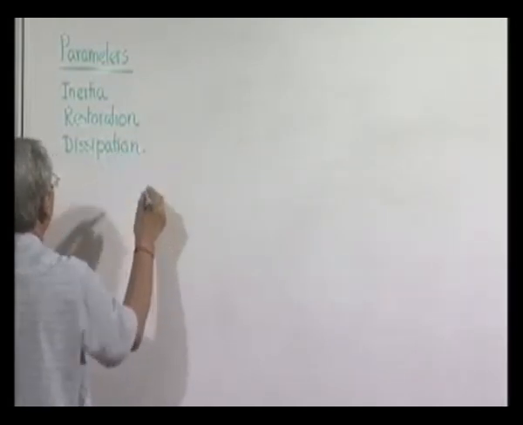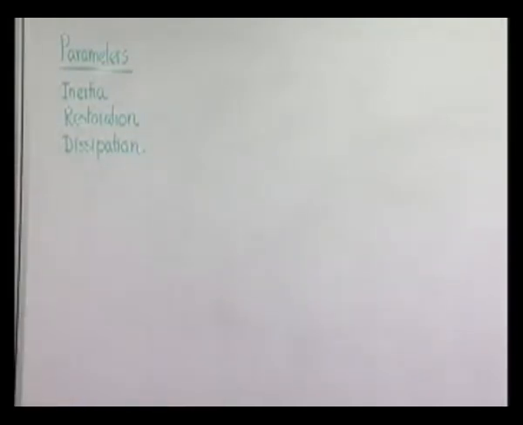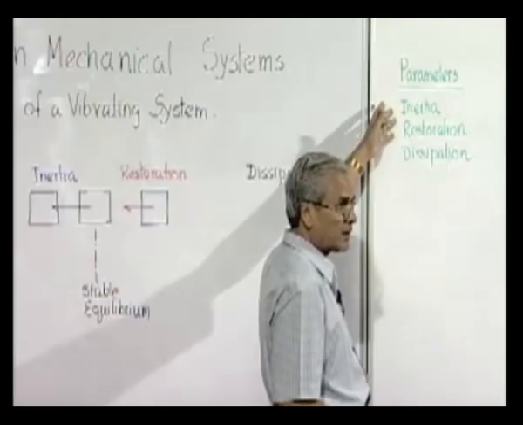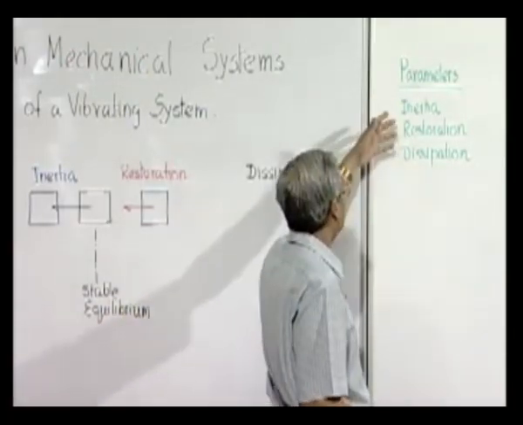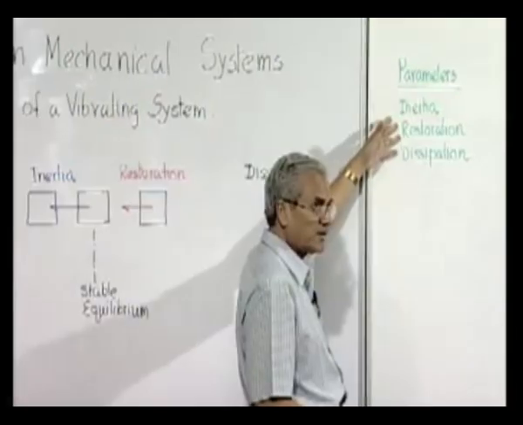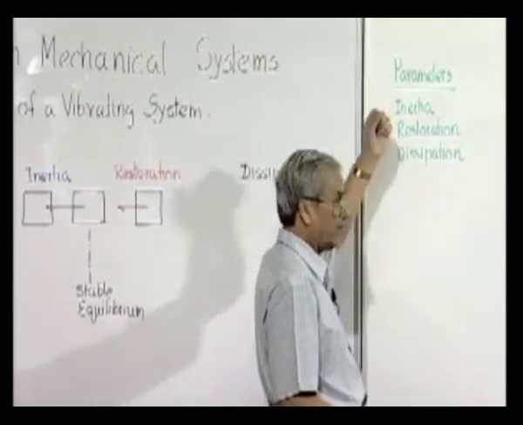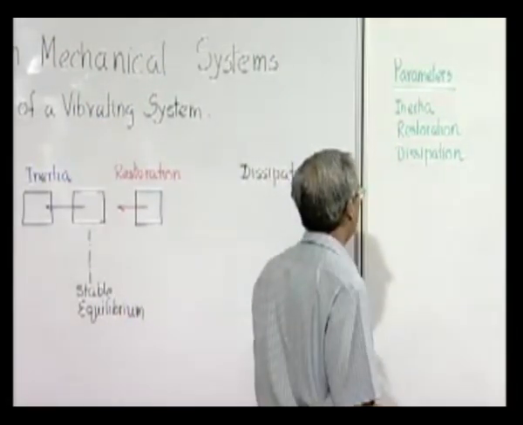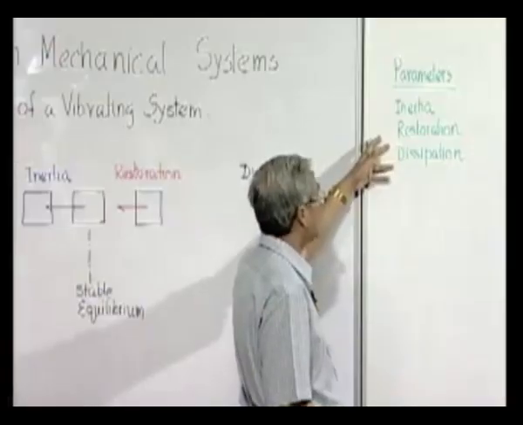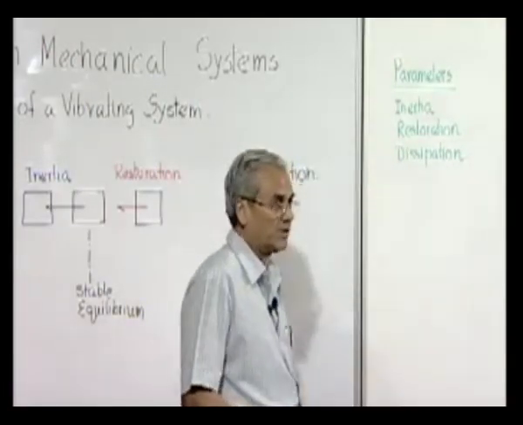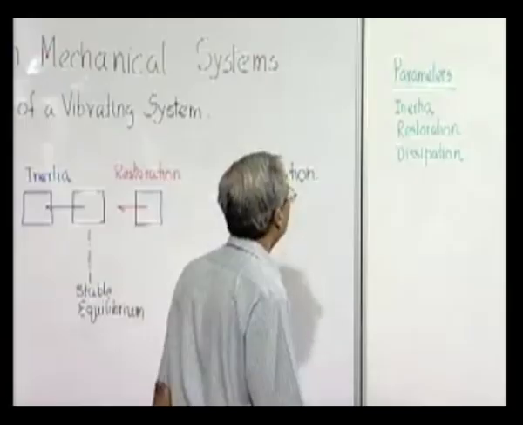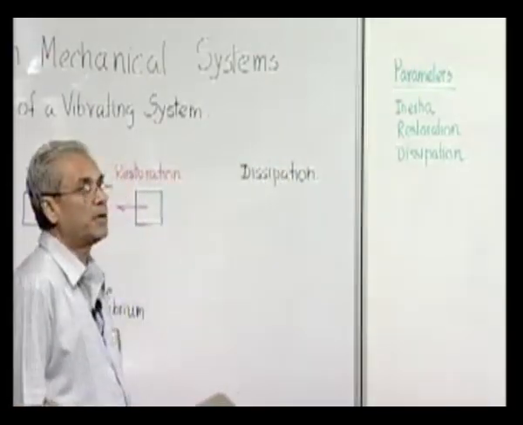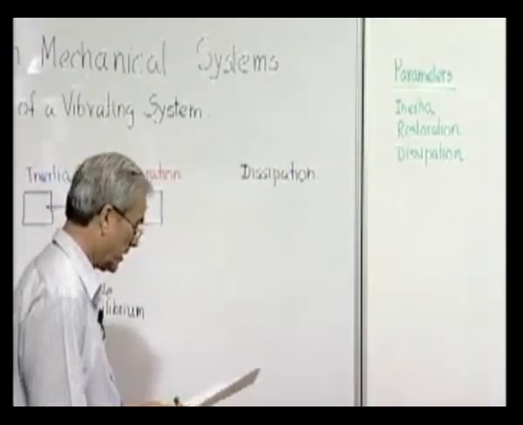In common language, this we call the mass or moment of inertia if it is angular motion. This we call the spring stiffness in case of elastic, or gravitational pull in case of gravity based system, and this is the damping, which is the common language for describing dissipation. So these are the three fundamental parameters of any vibrating system.